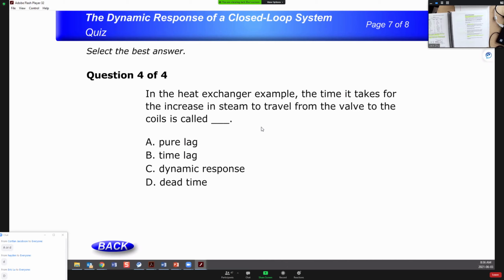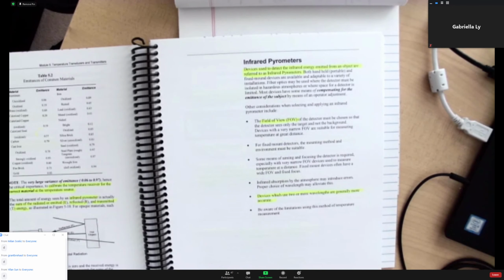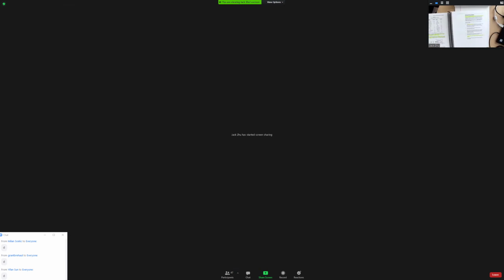Time taken for the increase in steam to travel from the valve to the coil is called... So this one, it's not asked of you, because we are now in the controlling industry.